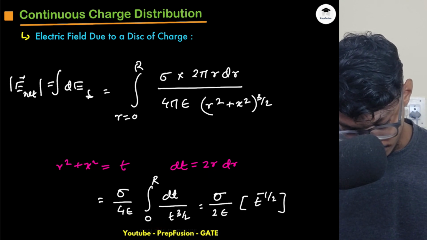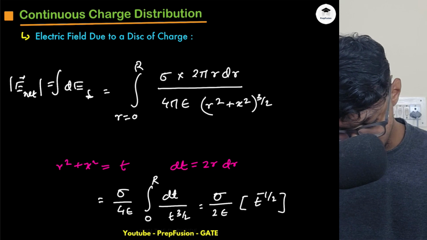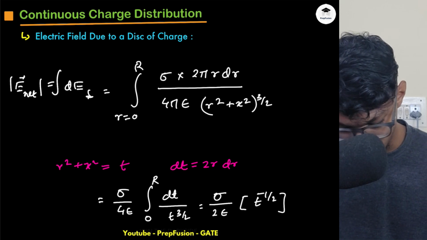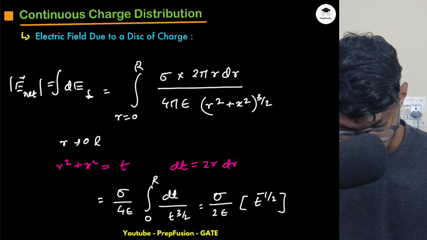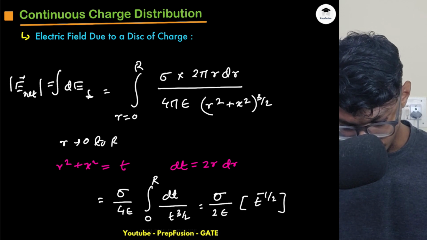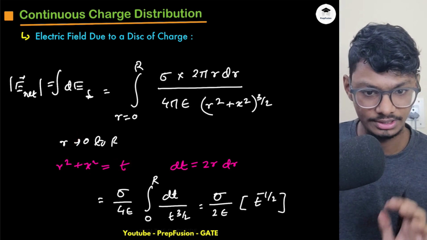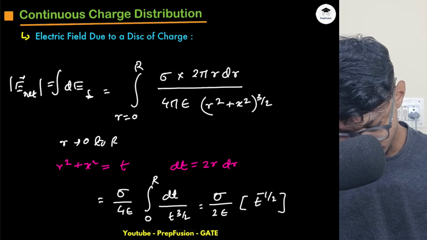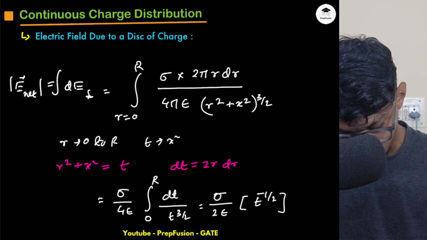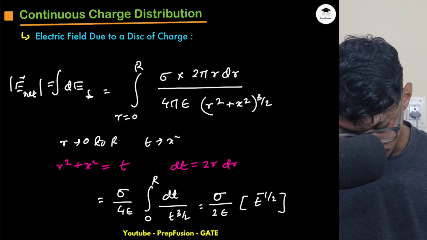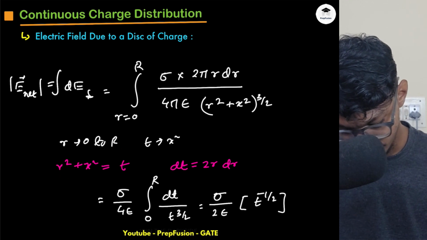So r is going from 0 to capital R. If r is 0, then t is basically x square. So t will go from x square to what? Capital R, that is x square plus R square.